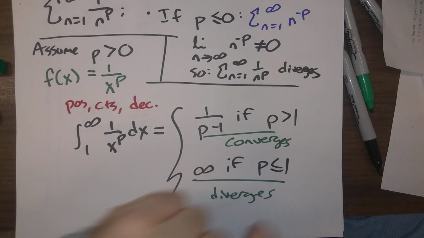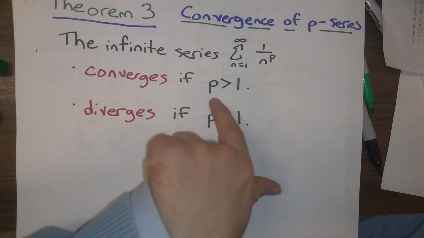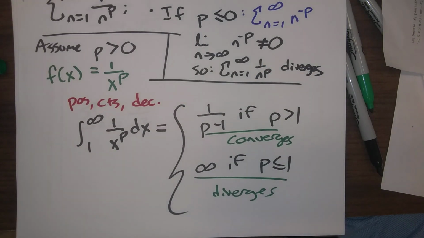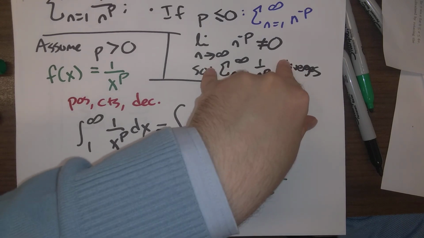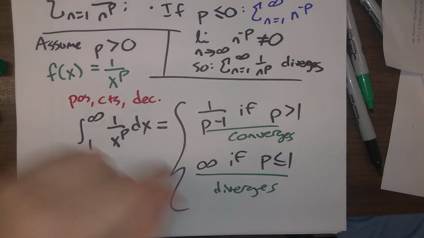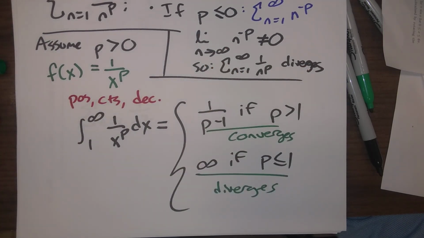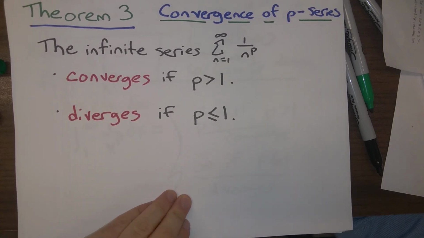So if p is greater than 1, the integral converges, and so the infinite series converges. If p is less than or equal to 1, the integral diverges, so by the integral test the series diverges. So that takes care of all of these cases.